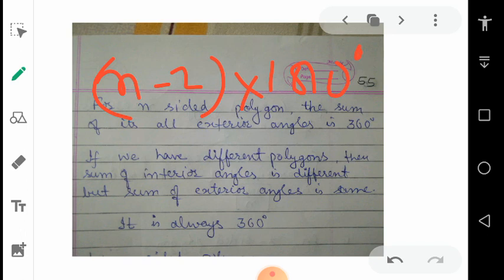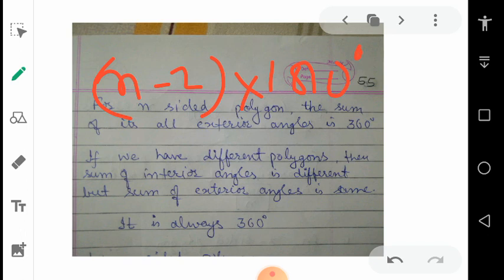As you know, this depends on n, meaning if you take different values of n, you will get different sums of interior angles. So when you increase the value of n, the sum of interior angles will increase, but in the case of exterior angles it is constant, it is fixed, it will not change.